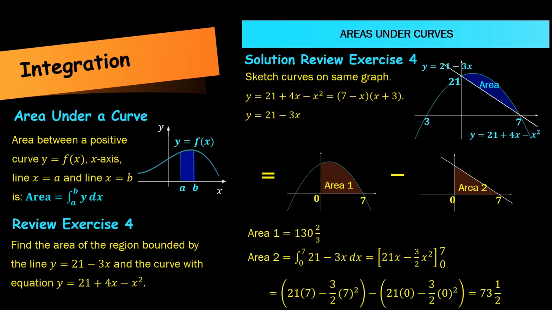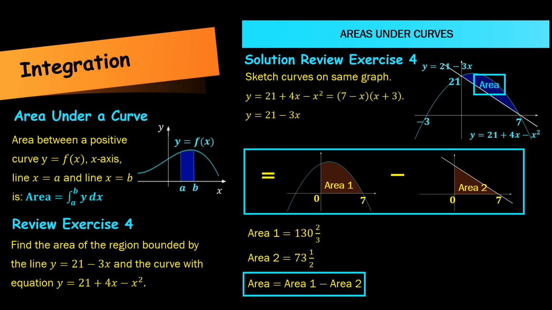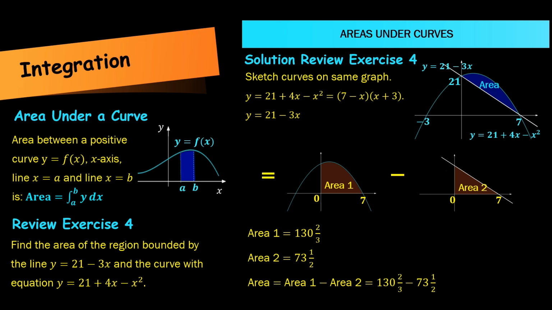Of course, area equals area 1 minus area 2. So plugging in area 1 gives us 130 2/3. Plugging in area 2 gives us 73.5. And then carrying out the calculation gives us 57 1/6.